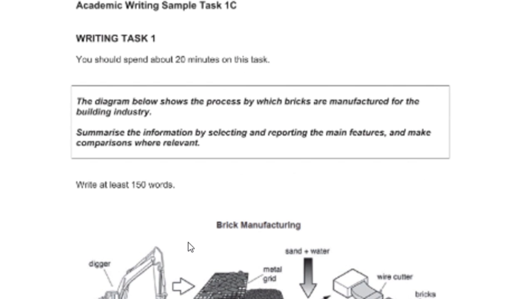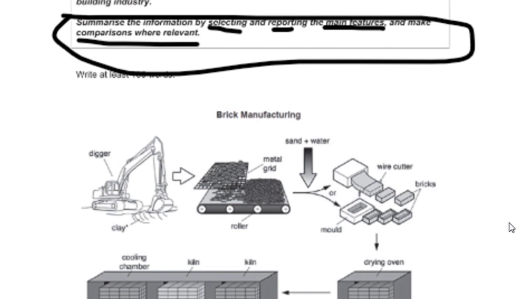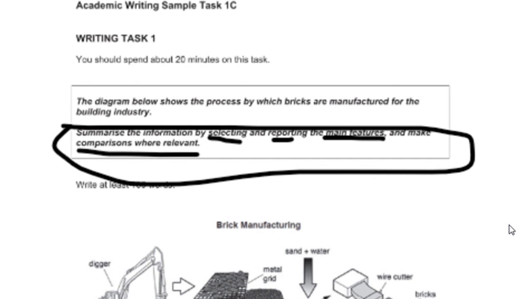So let's take a look at the instructions again. Summarize the information by selecting and reporting the main features and make comparisons where relevant. Okay, so our instructions are exactly the same.